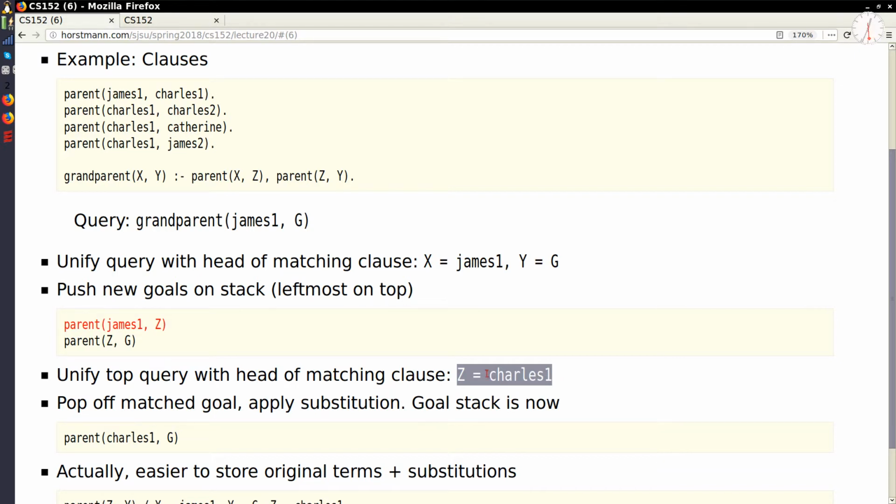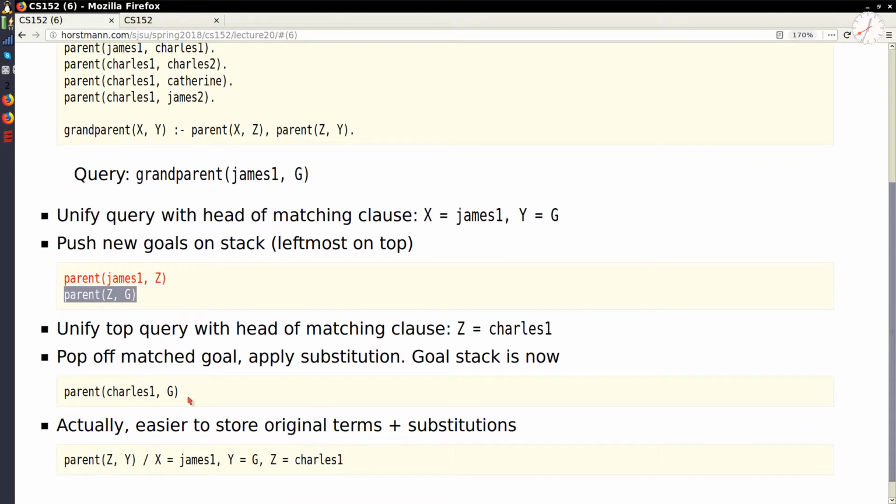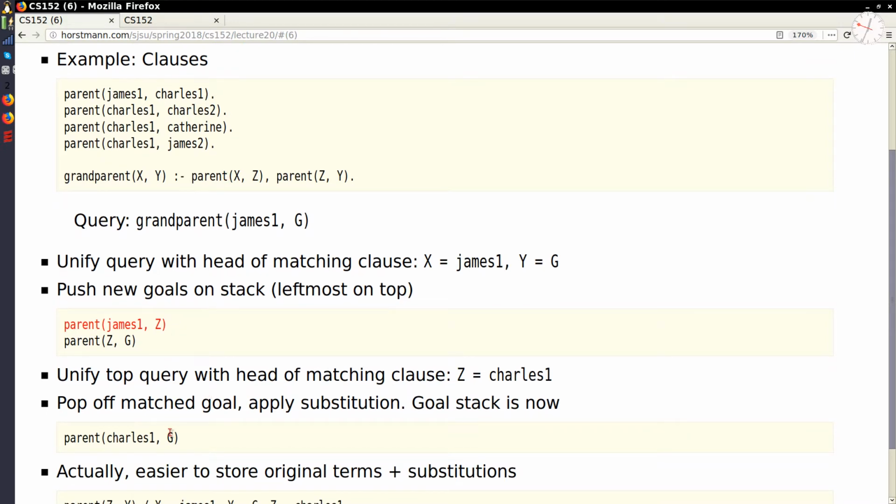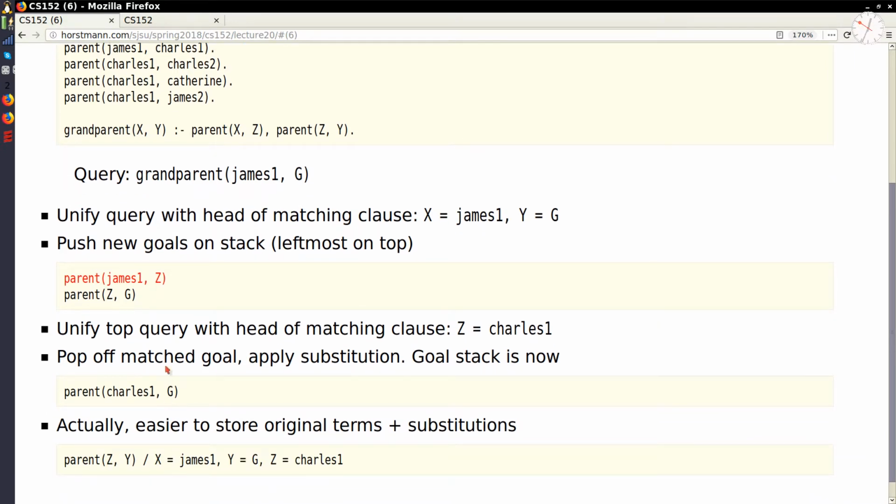So now I pop off the goal because I'm done with it. I apply the substitution to the rest. And so the Z becomes Charles I. And now I need to prove this thing here. And eventually, I will get solutions for G. Now, doing all these substitutions at all times is a little bit tedious, so it doesn't actually do the substitutions.